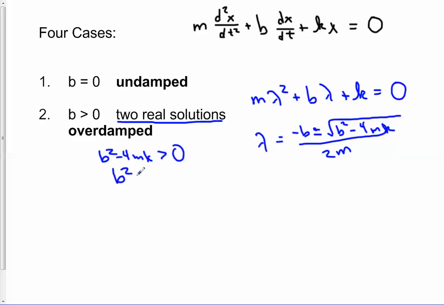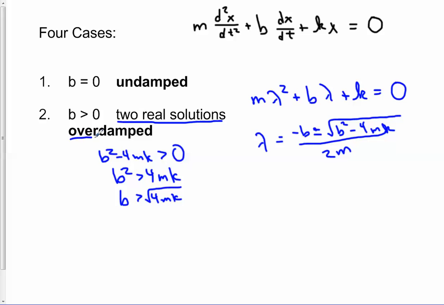In other words, b squared is greater than 4mk. So the b is big enough. I guess I can go one more step and take the square root. b is bigger than the square root of 4mk. b is big enough compared to the m and the k that we get two real solutions. So there's enough damping for that to happen.